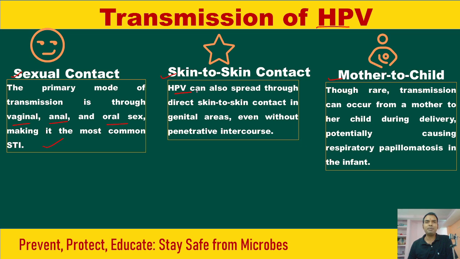Second, HPV can also spread through direct skin to skin contact in the genital area even without penetrative intercourse. Very important, skin to skin contact. And third, which is very rare, transmission can occur from mother to her child during delivery.